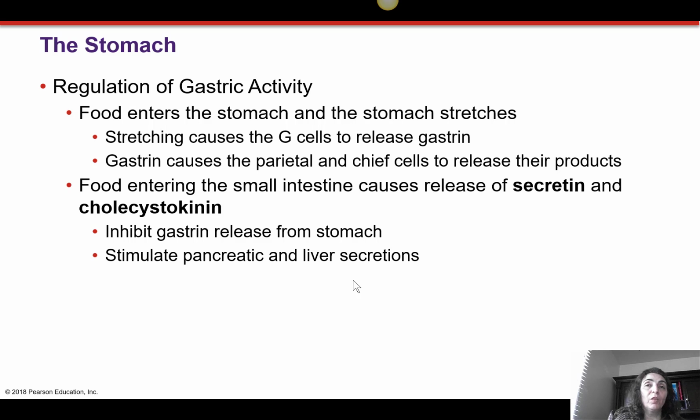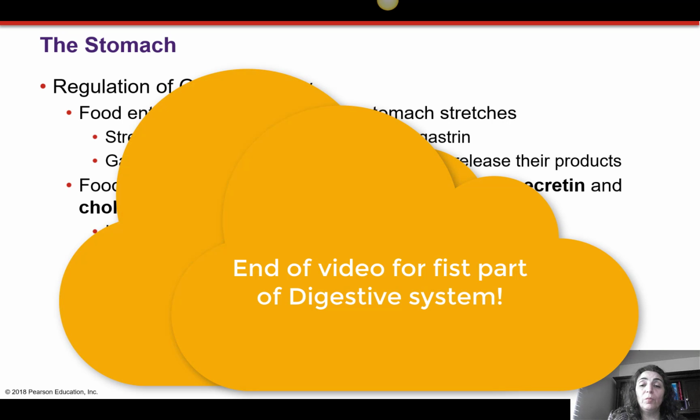So the same way here, when there is no more food in the stomach, we do not need gastrin anymore, so those are inhibited. And now you are in the small intestine, you need some enzymes, pancreatic enzymes, liver secretion like bile that comes from the liver. All of those get to the small intestine, and those are coming from the secretin and cholecystokinin.